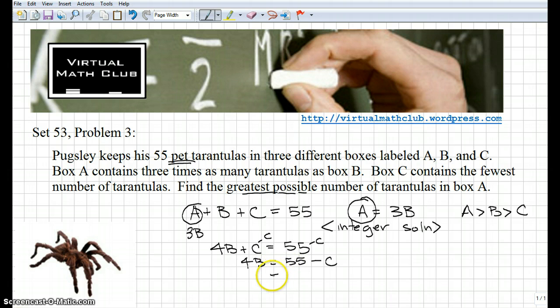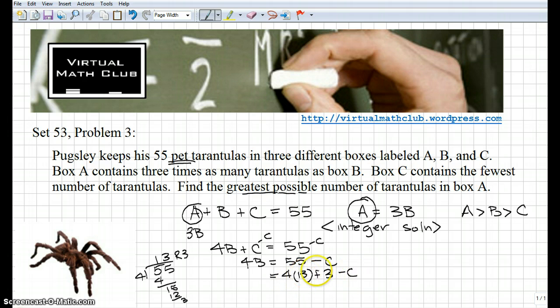Let's see how many multiples of 4 are in 55. If I divide that by 4, I get 13 with a remainder of 3. So 55 is 13 times 4 plus 3. So I could write that as 4 times 13 plus 3 minus C.